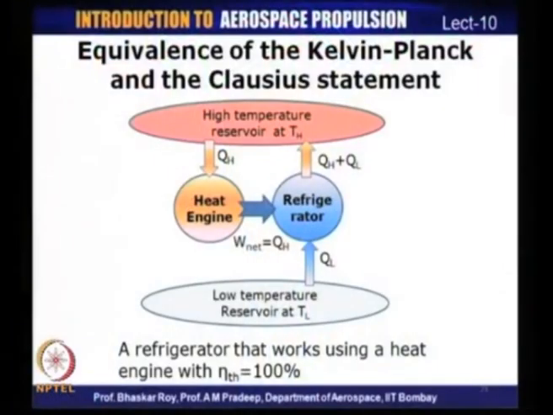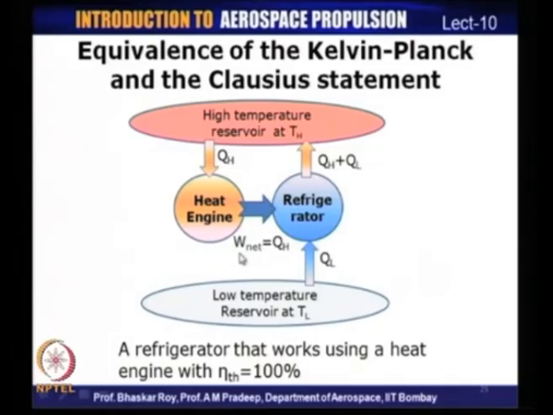So, let us look at how we can prove the equivalence of the Kelvin-Planck and the Clausius statement. So, here we have a system which consists of two devices, a heat engine and a refrigerator operating between a high temperature reservoir, which is, let us say, at temperature TH, and a low temperature reservoir which is at a temperature of TL. In this case, this heat engine is something which is violating the second law of thermodynamics as per Kelvin-Planck statement, because this heat engine is transferring heat at QH and converting that entire amount of QH into work output W net.